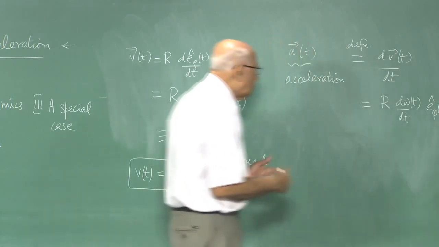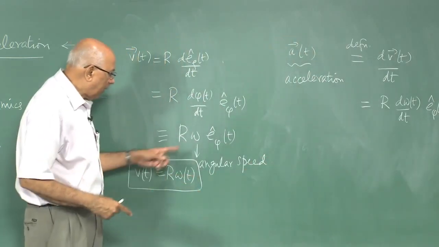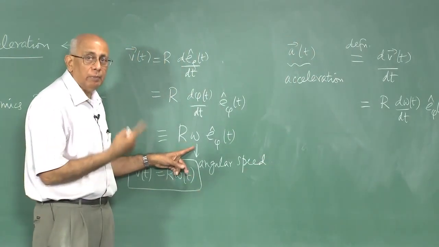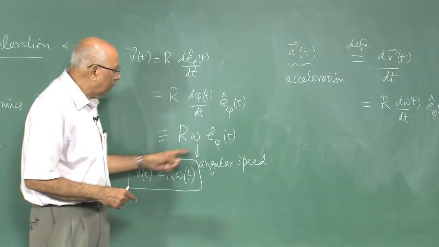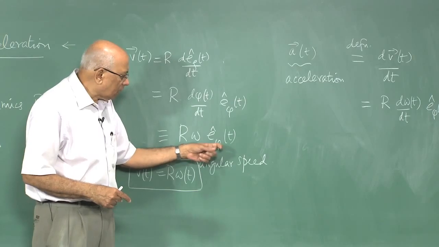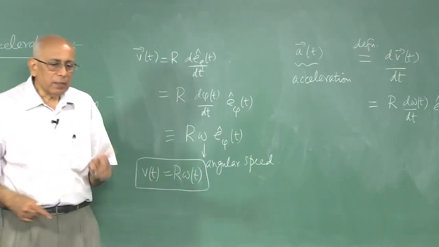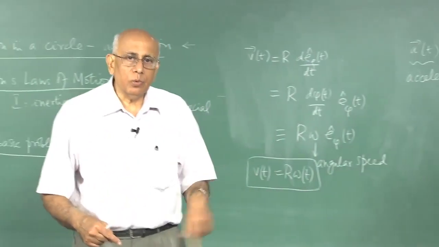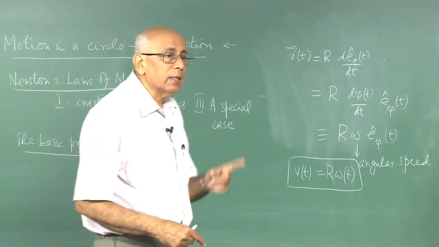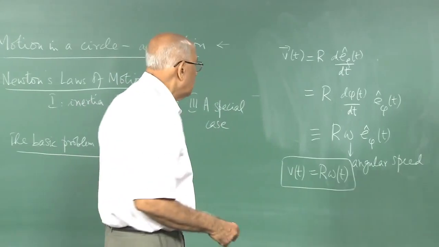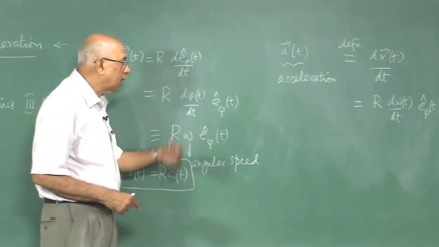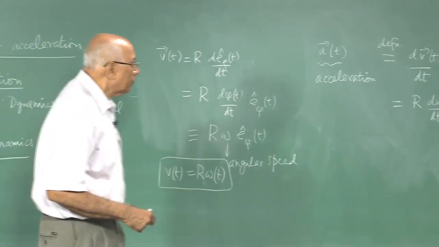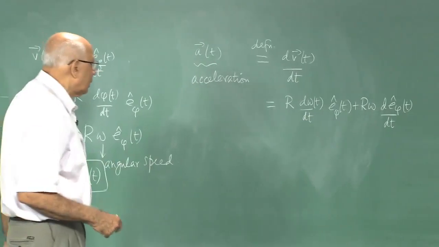So there are two components to it, one of them coming from the fact that the angular speed might be time dependent and therefore there might be an angular acceleration, and the other coming from the fact that this vector E phi of t changes in direction as the particle moves along the circle. So there is an instantaneous acceleration due to the change in direction of this tangential vector, the unit tangent vector here. And we need to compute that quantity.